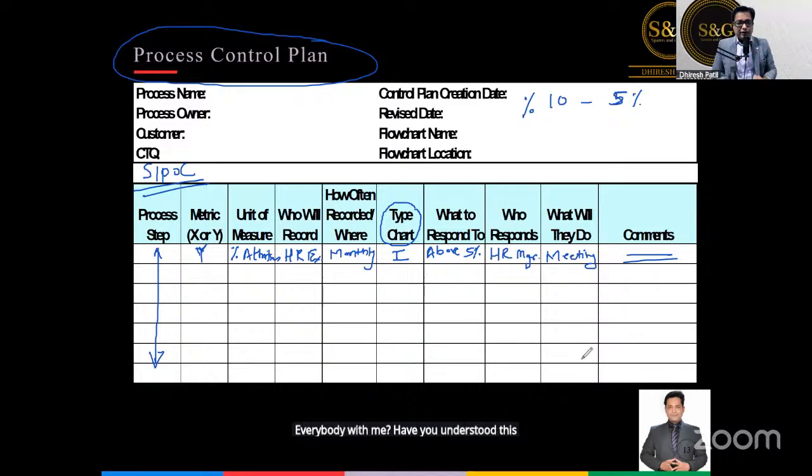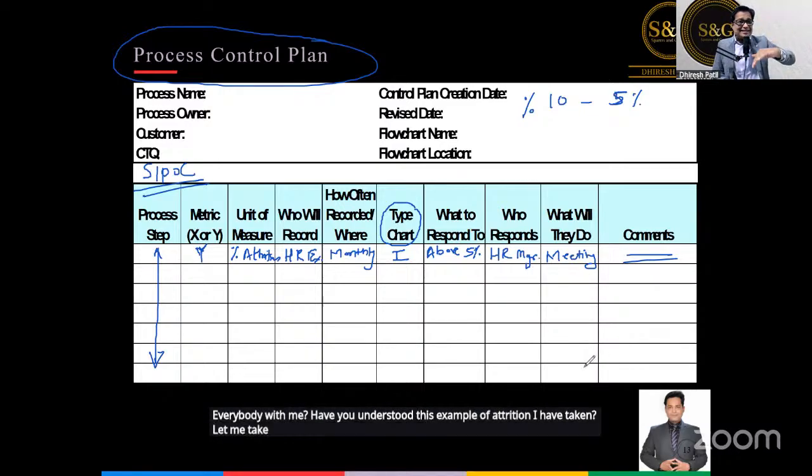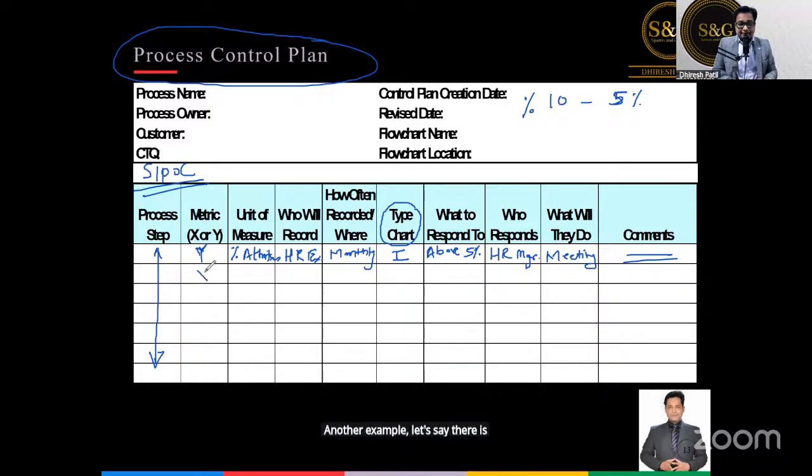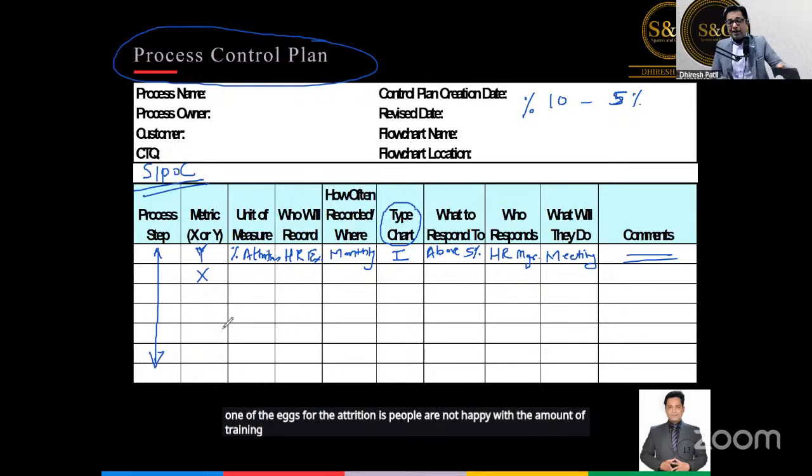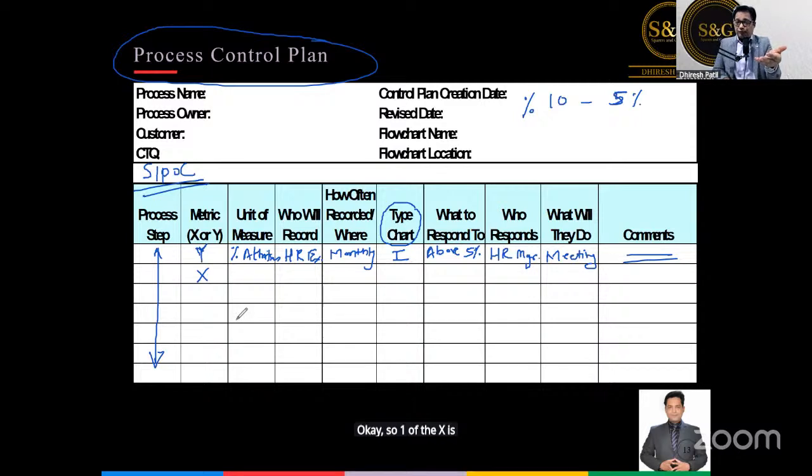Example of attrition I have taken. Let me take you another example. Let's say one of the X for the attrition is people are not happy with the amount of training we are giving. So one of the X is less skill development happening in the company.